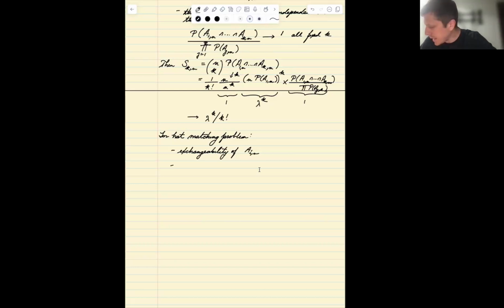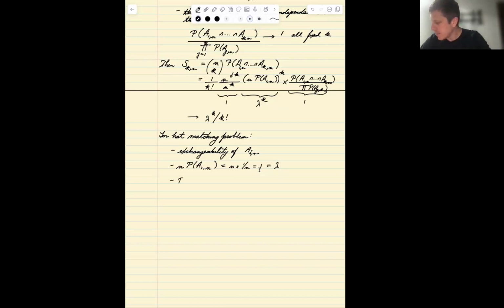We do have that n times the probability of A_1,n. What's the probability of A_1,n? It's the probability that somebody picks their hat. Well, by exchangeability, the probability the first person picks their hat is 1 over n, because there's n hats in there and only 1 is the right hat. So it's n times 1 over n, which is 1. So we expect one person to get the right hat.